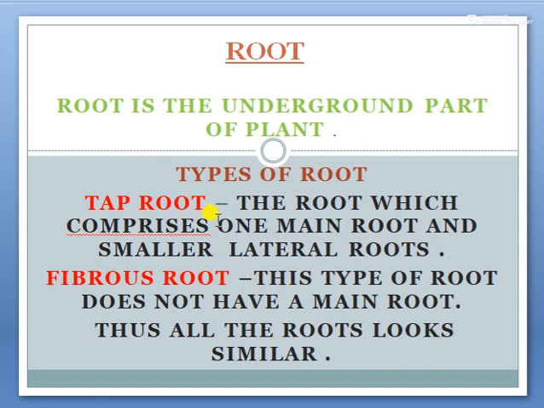Taproot is that root in which there is one main root and the small sidewise lateral roots are present. Fibrous root is that root in which there is no main root. Okay, and thus all the roots look similar.